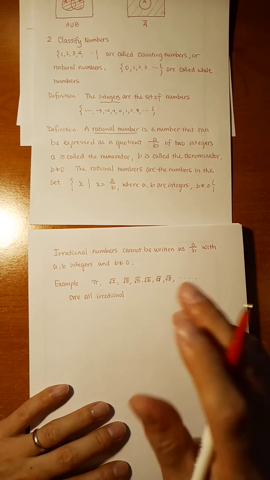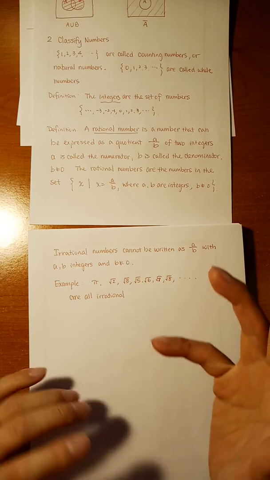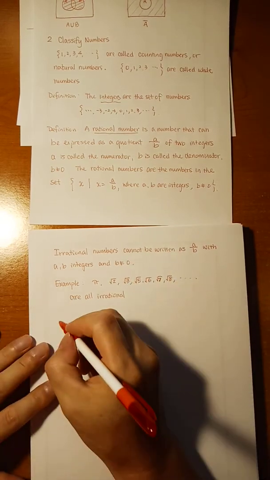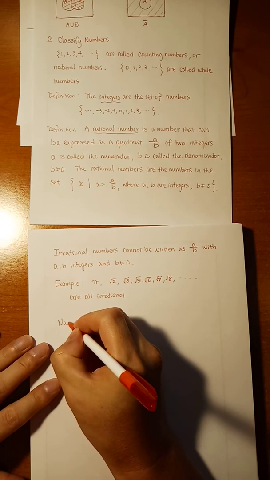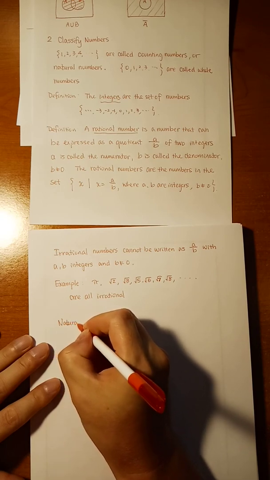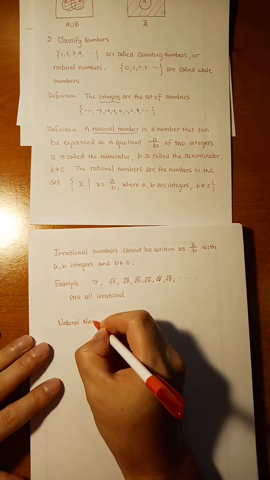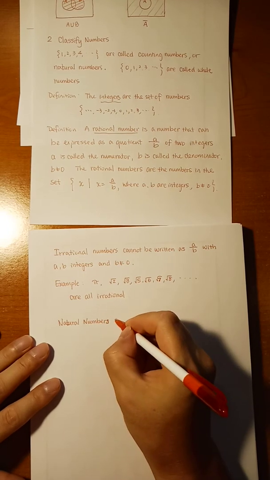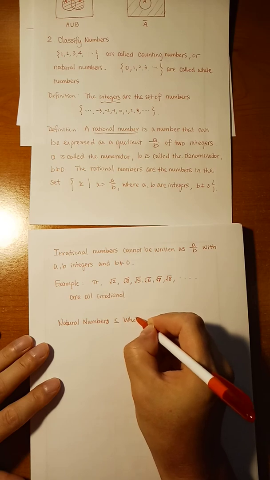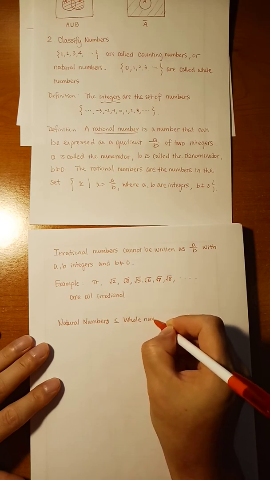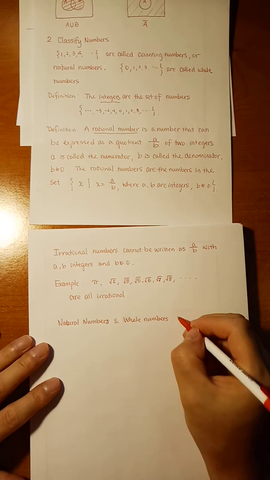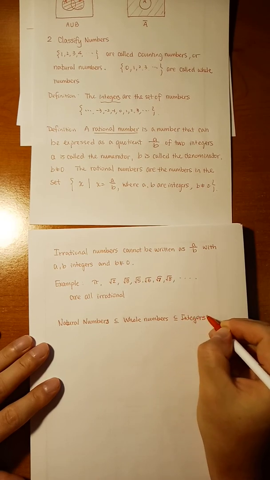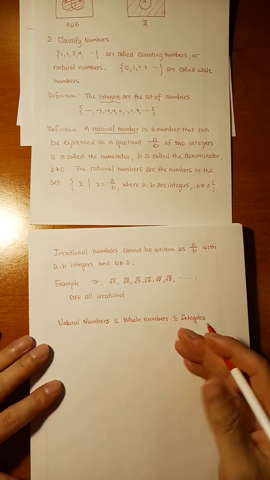Okay, so we have natural numbers: one, two, three, four. And then we have whole numbers, where we add zero. And then we have integers, where we add negative numbers.